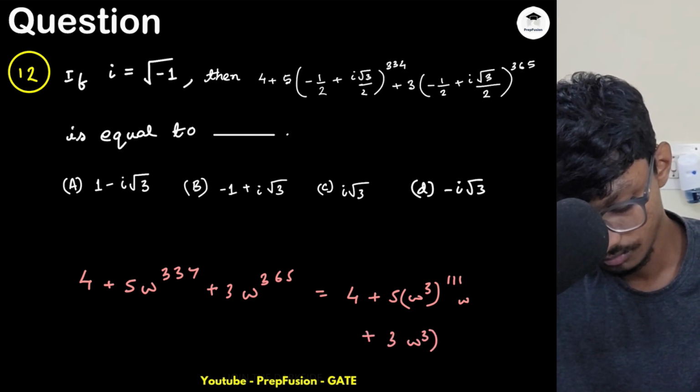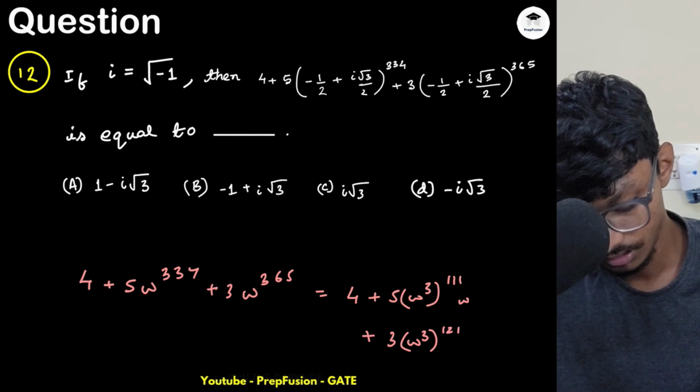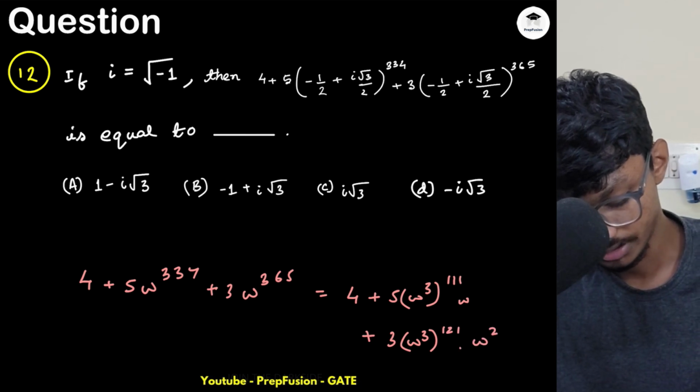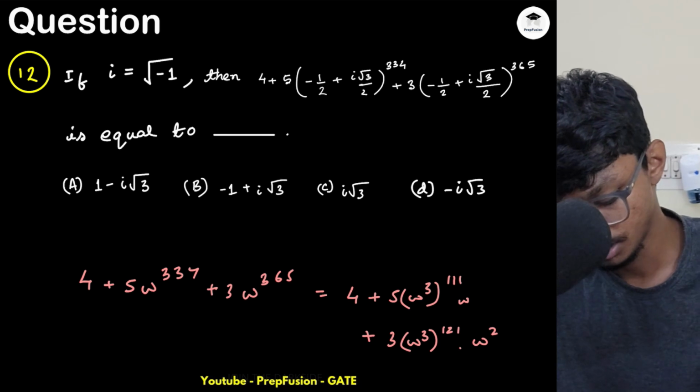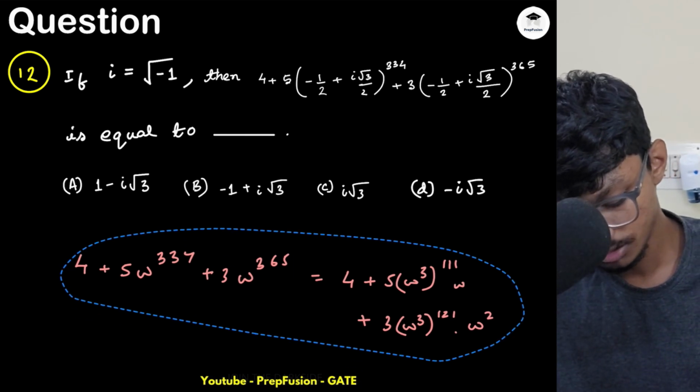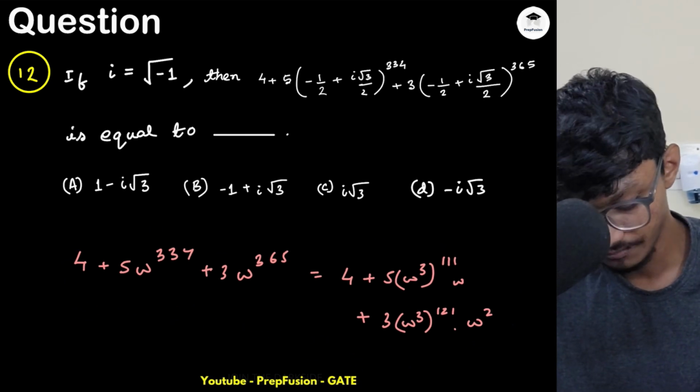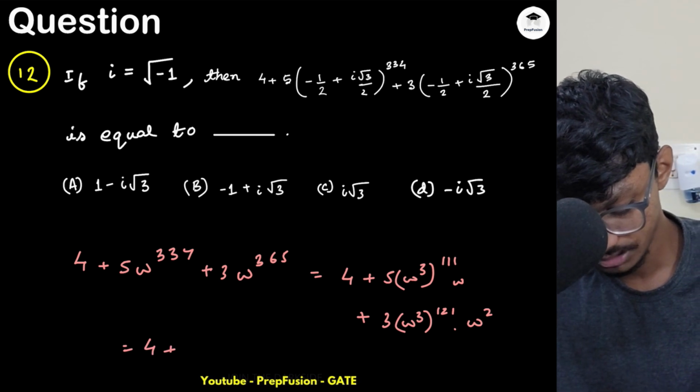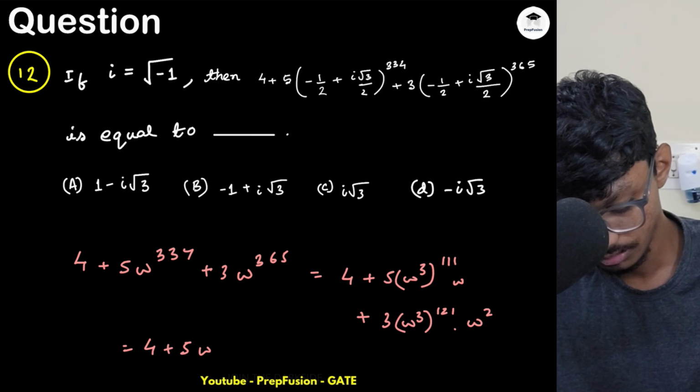Omega cube, and I have omega square as the remainder. So now this omega cube will be 1 itself. So this will become 4 plus 5 omega, because omega cube is 1, plus omega square.